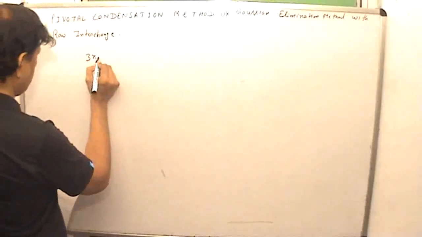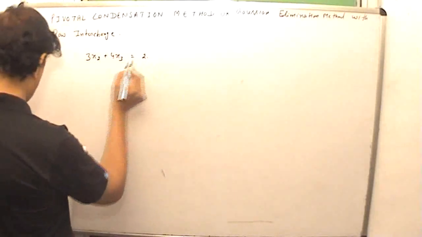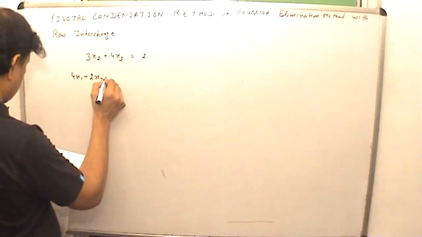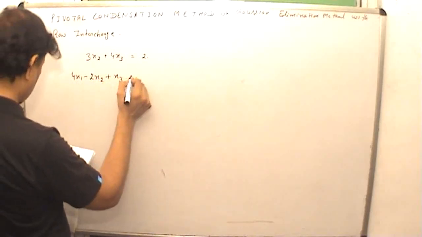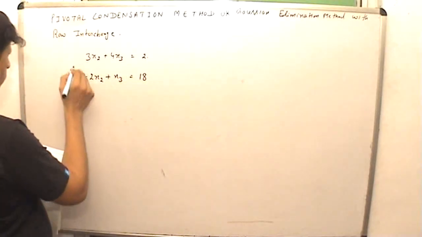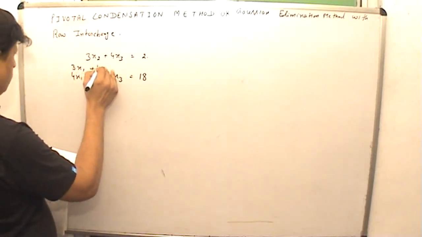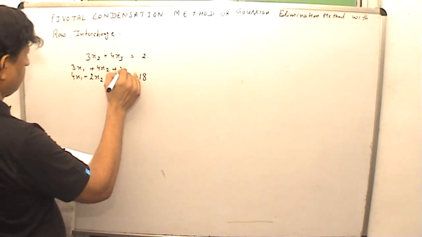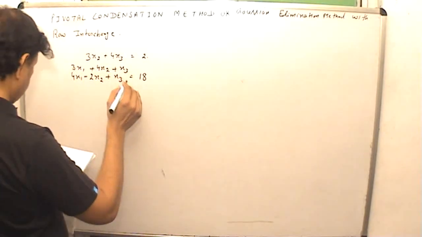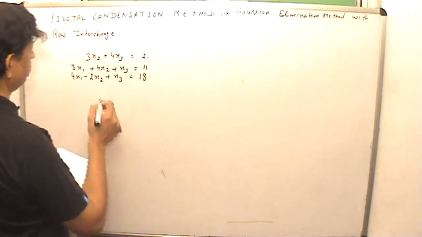Say it is 3x2 plus 4x3 is equal to 2. Then 4x1 minus 2x2 plus x3 is equal to 18. Then 3x1 plus 4x2 plus x3 is equal to 11.